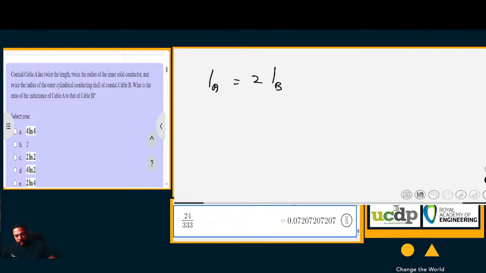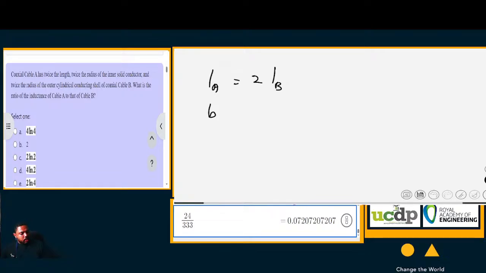and that cable A has twice the inner radius of the inner conductor. Okay, so the radius of the inner conductor is twice the radius of the outer conducting shell.